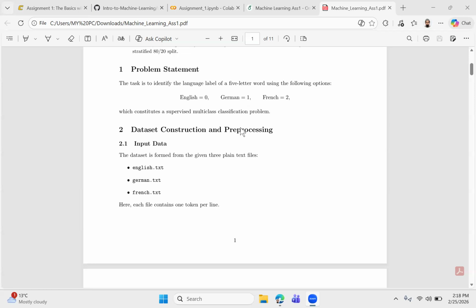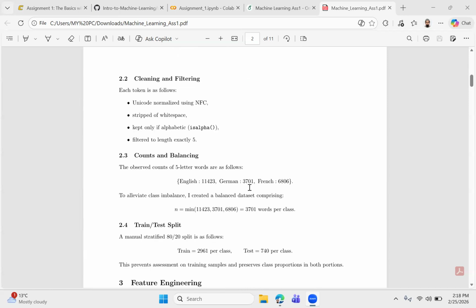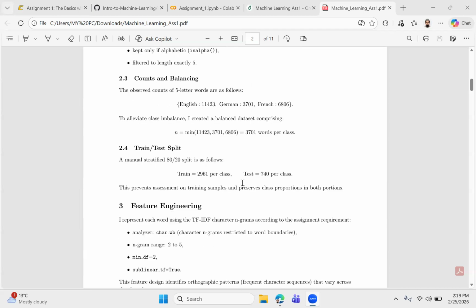Here n is the minimum number, as in the German word count, 3,701. In the manual stratified 80 by 20 split, I consider 2,961 words per class for training and 740 per class for testing. This prevents bias in training samples and preserves class proportions in both portions.